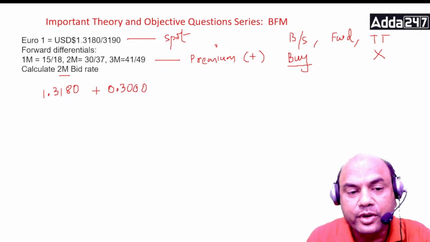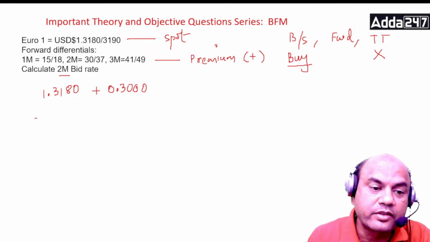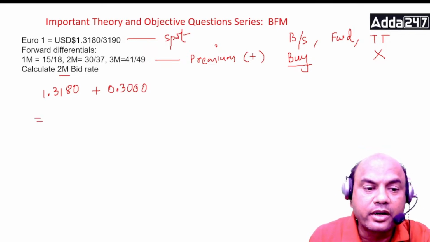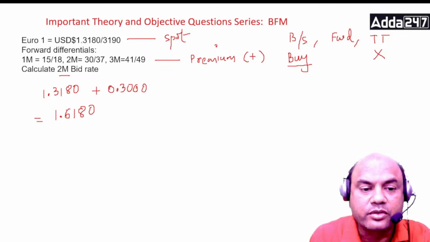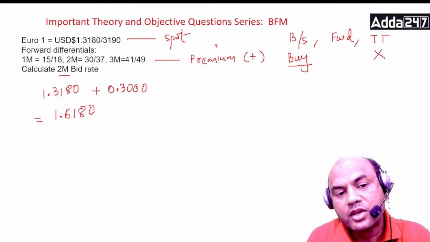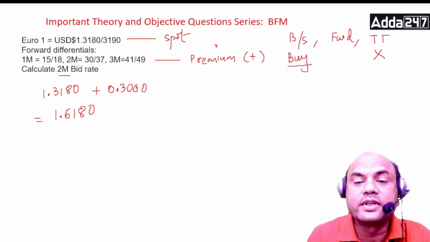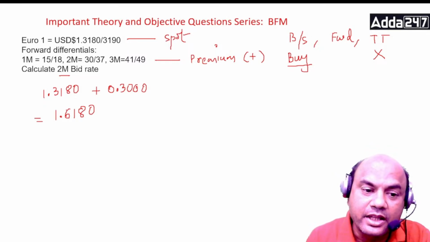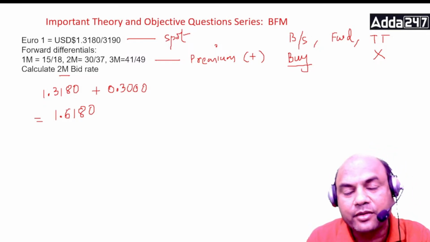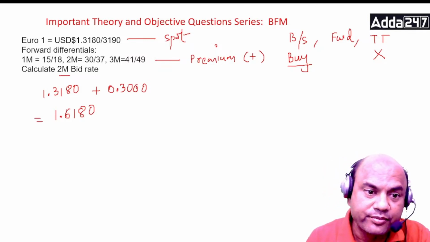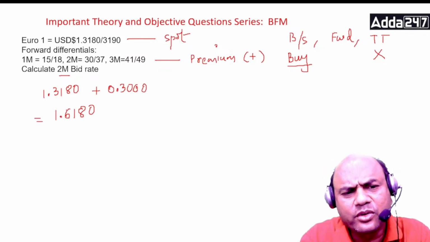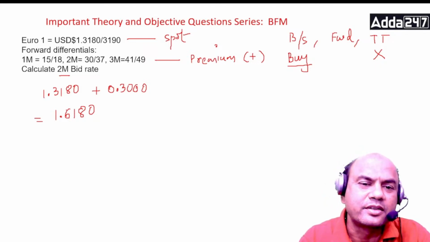Start from this point, so your answer will be 1.3210. No TT rate is asked. If the TT margin had been given, you would have added it afterwards, if asked. If it is not asked, you don't do anything. So this is your answer.